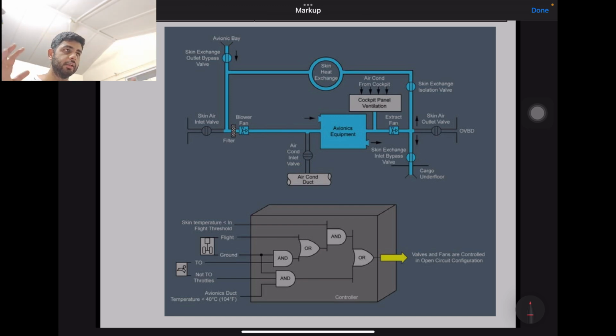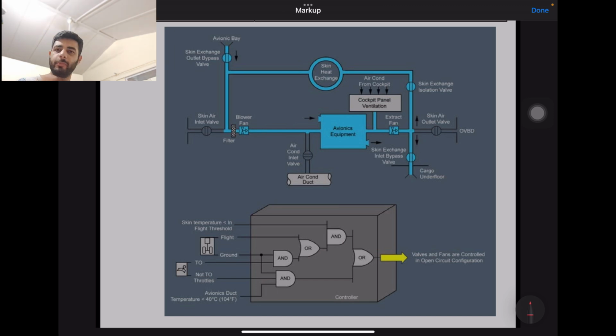It does interact with the atmosphere through the skin heat exchange valve and that skin heat exchange. But it also prevents the loss of pressure.